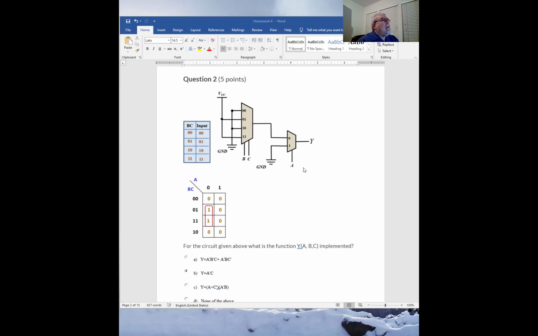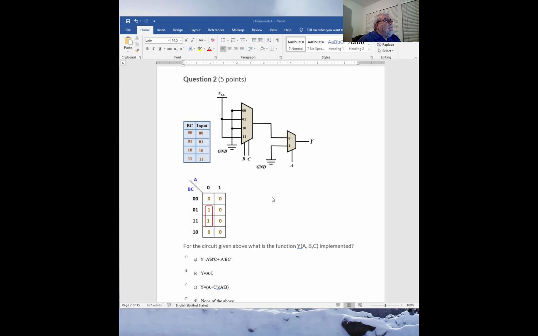For instance, in this case, A=0 allows the upper path to go through to Y. And here we have a ground connected to this port, to 1. So we know that no matter what, once we have A equals 1, this element is 0. So this forces a 0 every time A is 1.